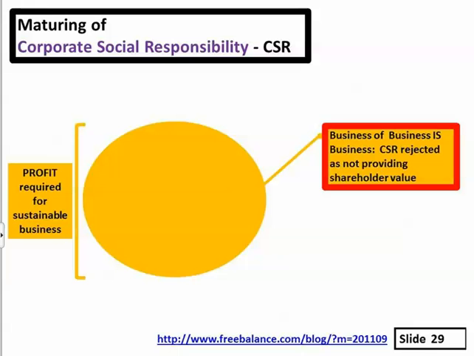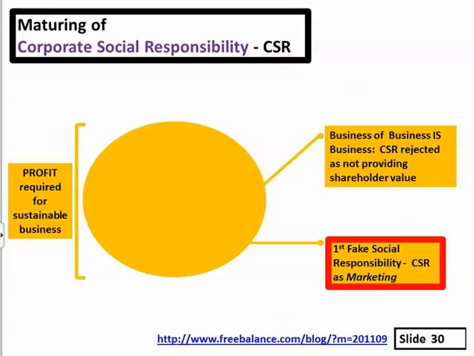Okay? But these very profit-oriented companies, their concern was with protecting their shareholder or owner's value. And so therefore, there was very little consideration of corporate social responsibility.